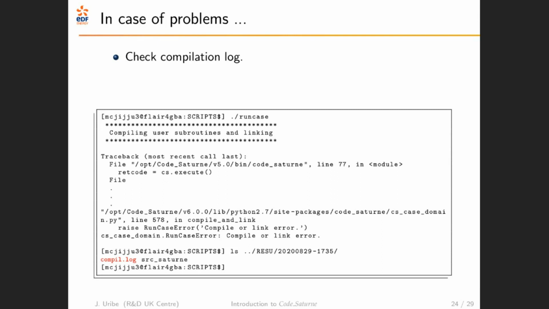So one important thing is what to do when you have problems. First thing that can happen is that you have a compilation error. So you'll see a message similar to this when you have a compile or link error, and it tells you what the error is if you look at the compile.log file.